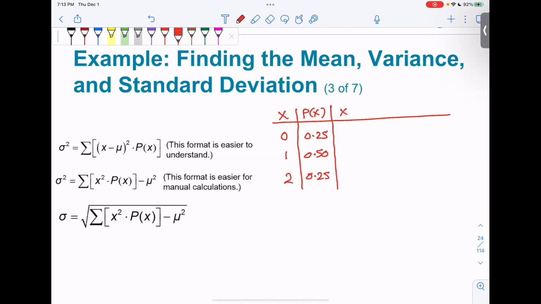And then we have x p(x), which is what we did: 0, 0.5, 0.5. The summation equals 1. This is equal to 1.